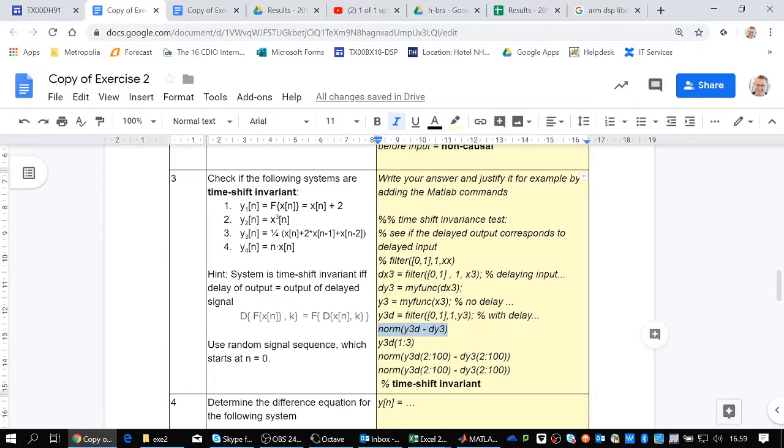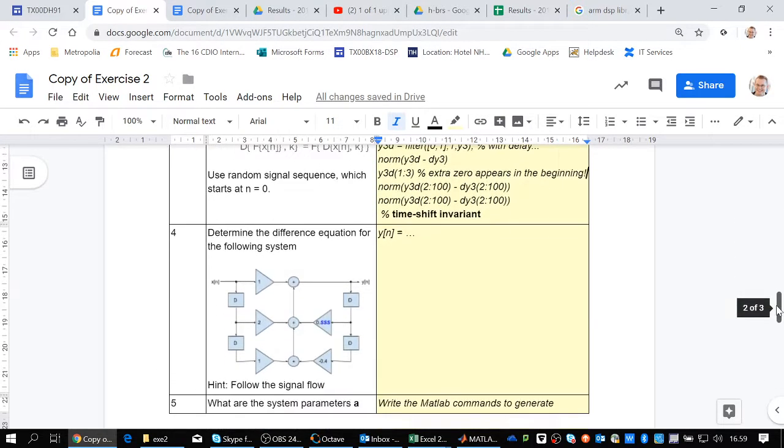I guess we needed some additional values there at the beginning when we shifted the data. All right. There we go. So those are the 3 questions.